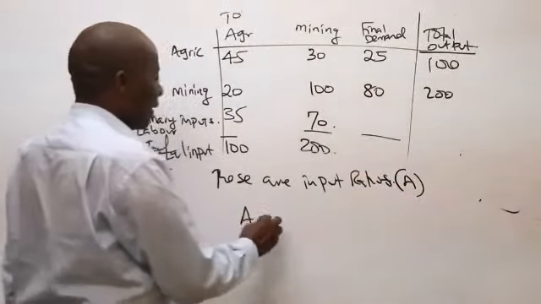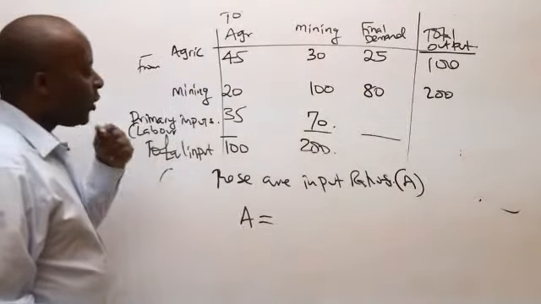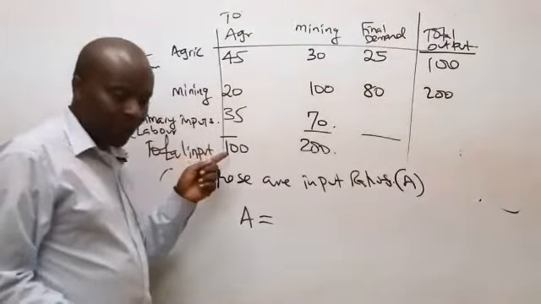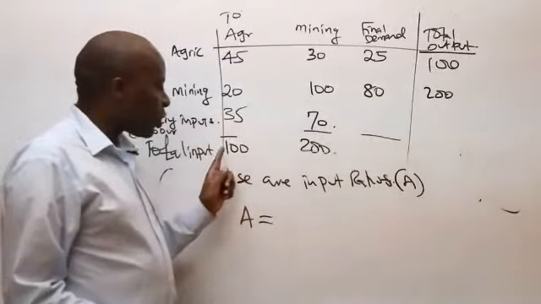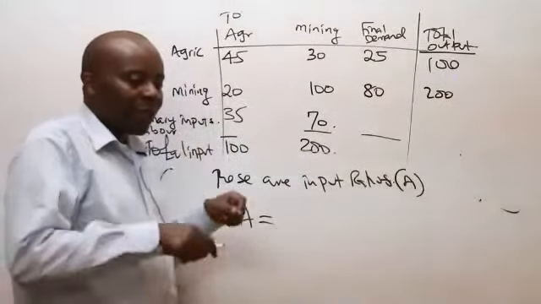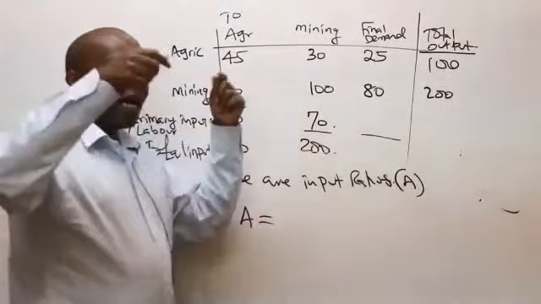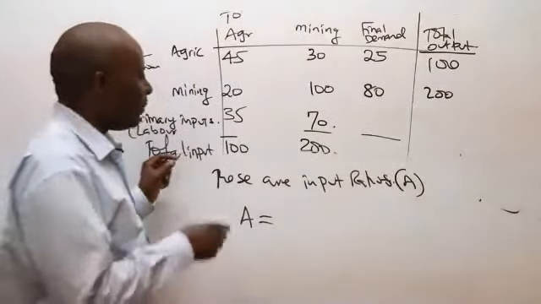For us to get A, because you have two sectors, I only need to go to my columns. Remember, we must first start by planting and then we harvest, so the input is a benchmark.